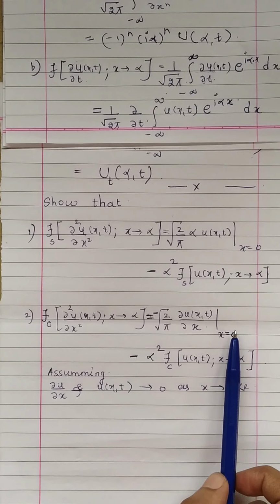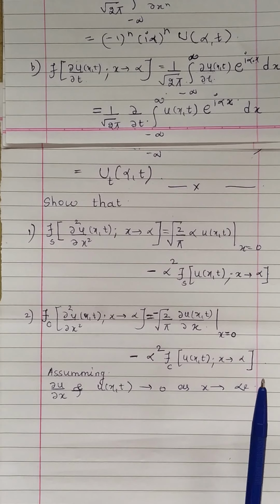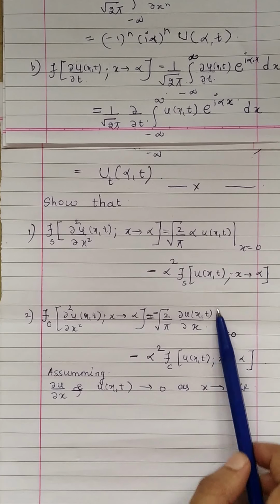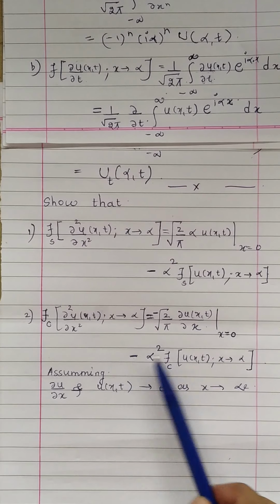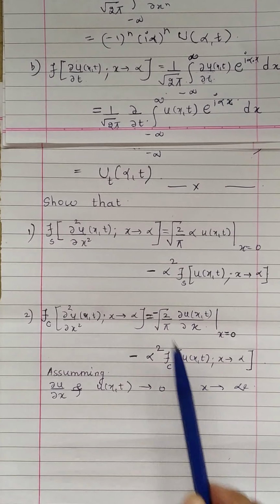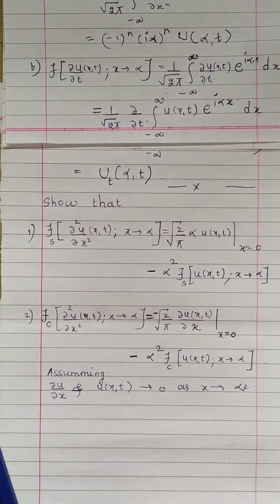By using this assumption it will go to 0 at infinity, and at x equal to 0, because sine 0 is 0, that term will vanish and you will be left with this term minus whatever is the remaining. So easily you can prove these two by looking at the steps of how we have done it earlier.